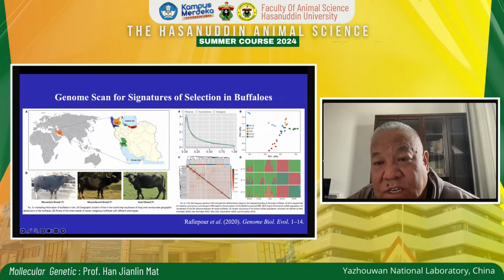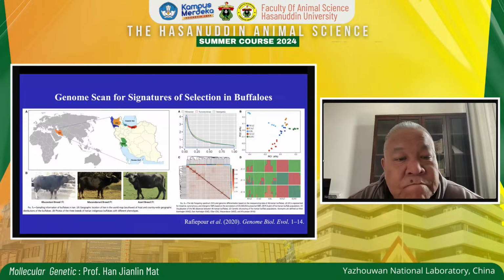They should be combined into one for genetic improvement and for conservation. While the other population is isolated, it has developed a unique genetic background, which should receive much more attention and be treated as a different breed.